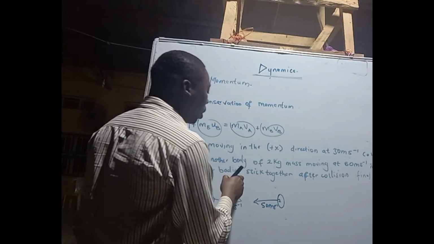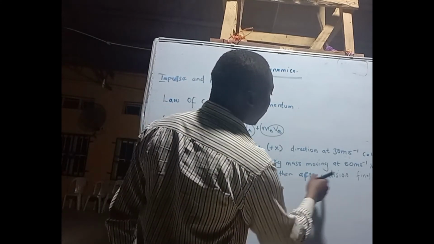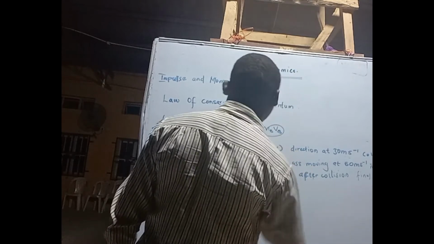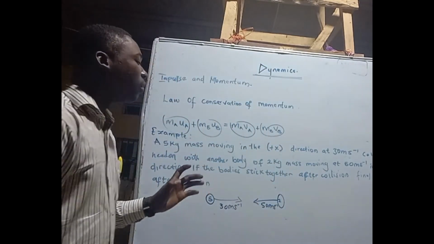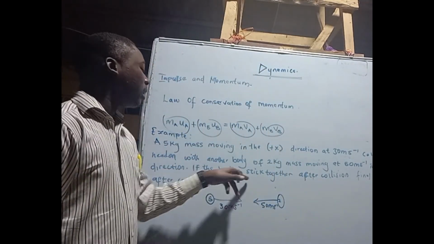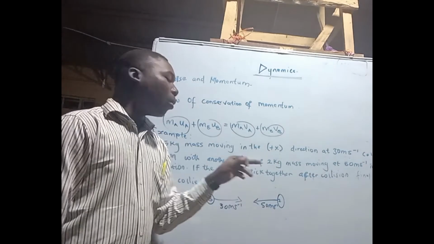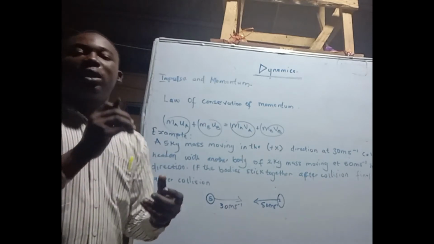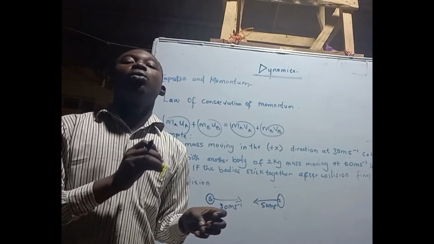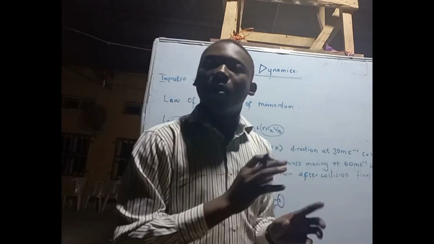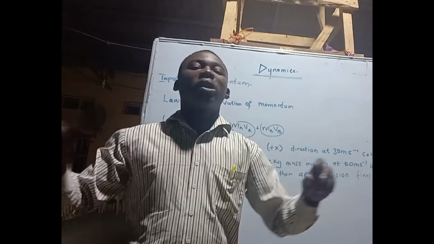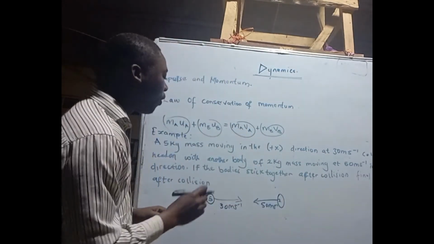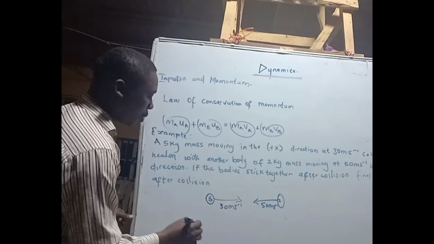If the bodies stick together after collision, find the velocity after collision. This is very simple. What they meant by the bodies sticking together after collision is that they will move with the same velocity. But if they don't stick together, they will move with separate velocities. So we can reframe our formula for this question.